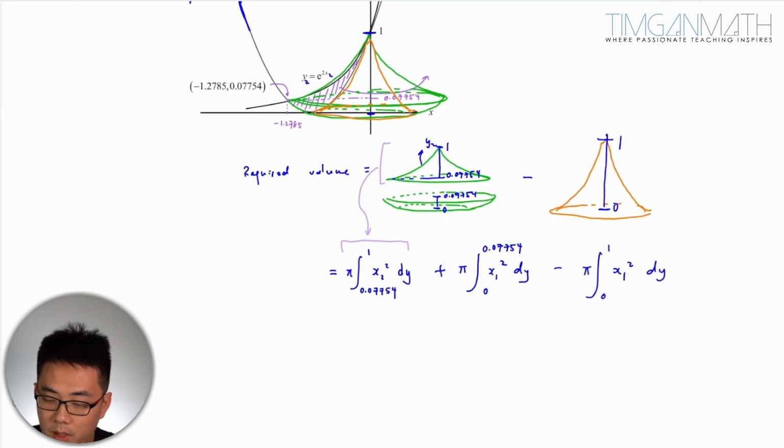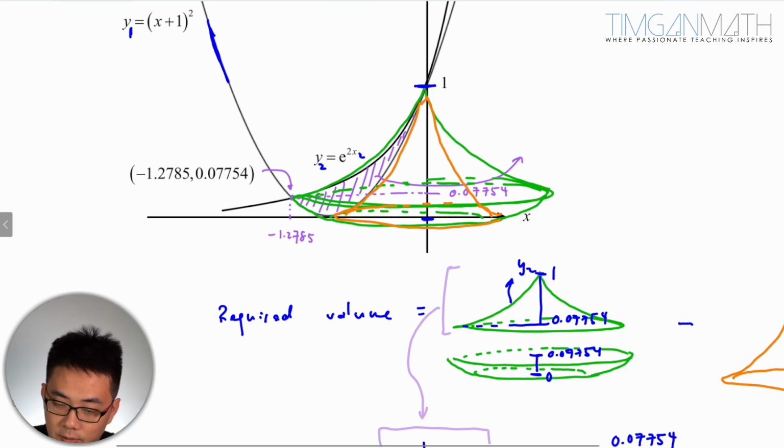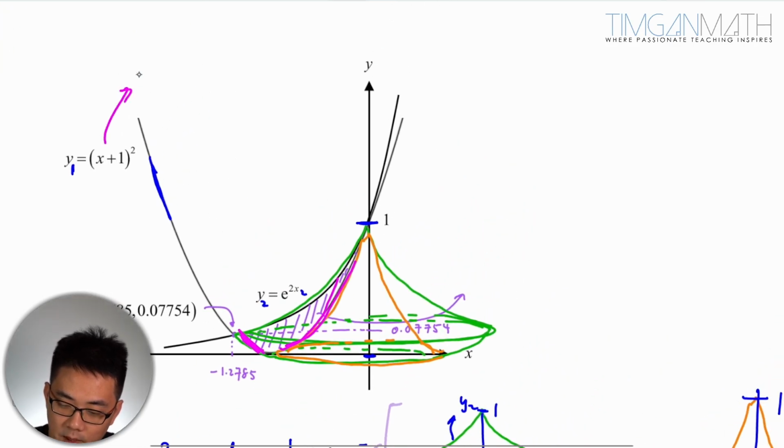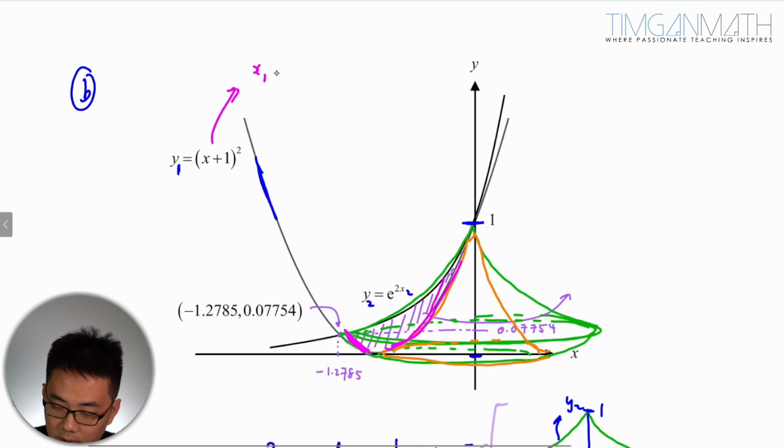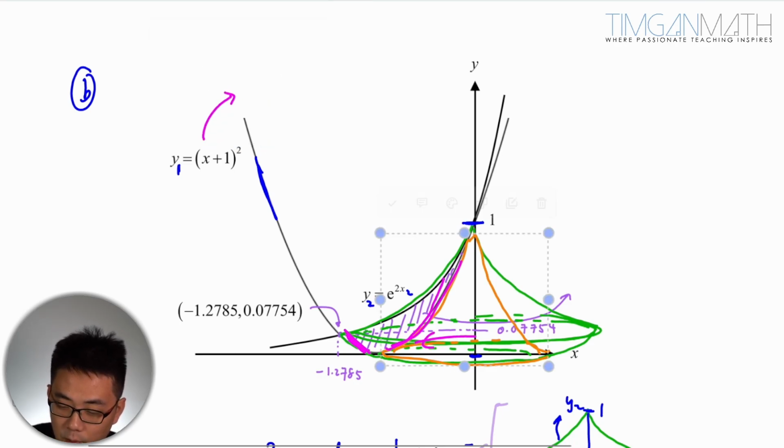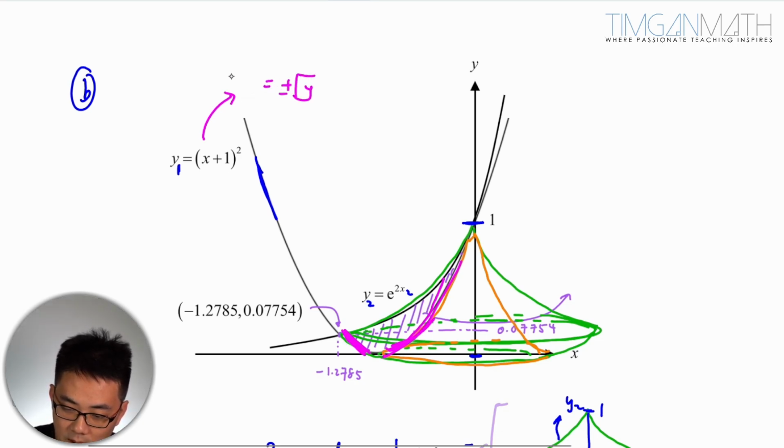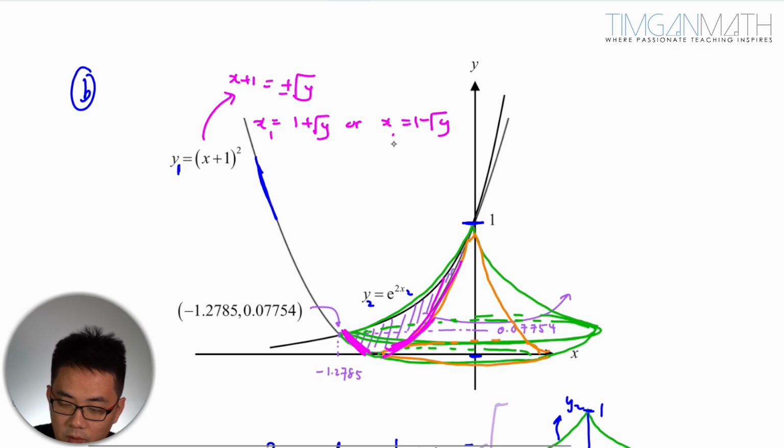Now, take note of this because there are two curves for x here. This is a very important part. You have two curves here. When you make x the subject, because if you look from the y-axis, you actually have two equations for the x value. One is on the left tail and the other one's on the right tail. So in this case, plus minus square root y equals x minus 1. So x equals 1 plus root y, or x equals 1 minus root y. Both are x1.